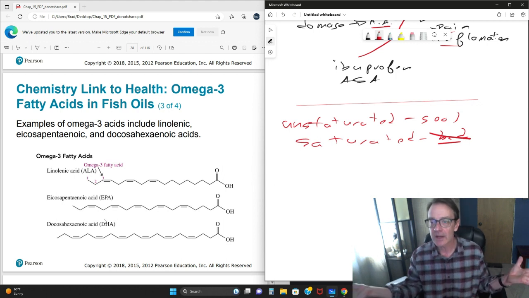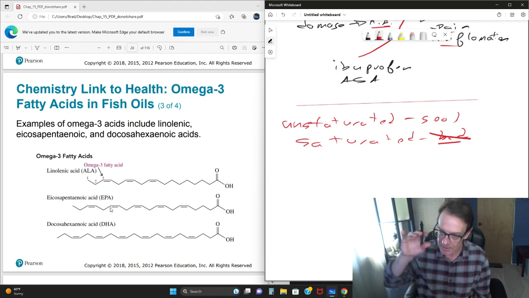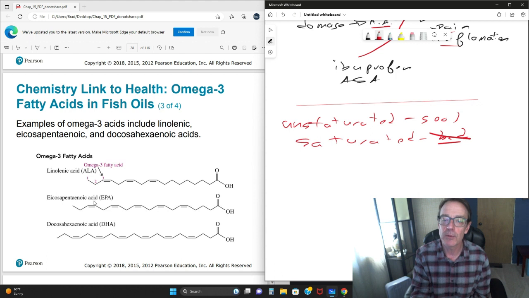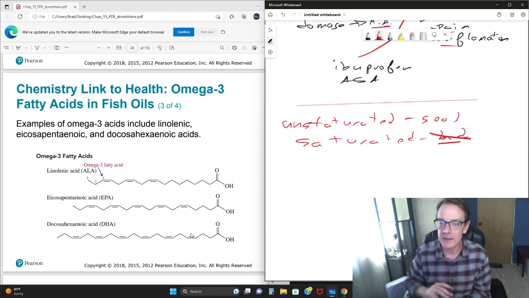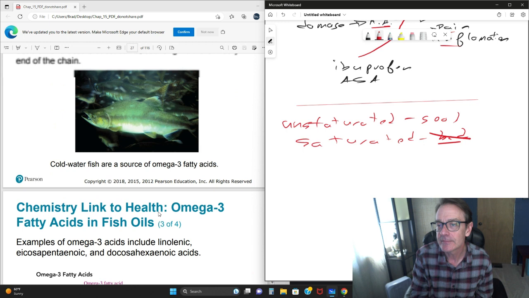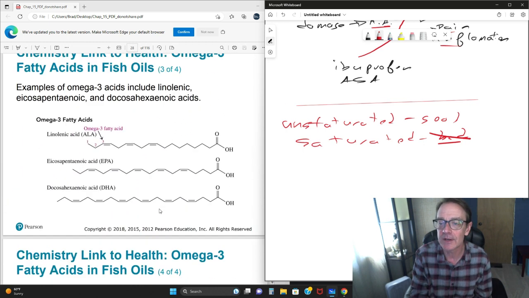Those are just various fatty acids that are polyunsaturated fatty acids with a double bond at the third carbon with various lengths of carbon chains coming off of that carboxylic acid that's all the way off on the right. Okay. Kind of cool. So now you're not flying blind when you're taking these supplements.